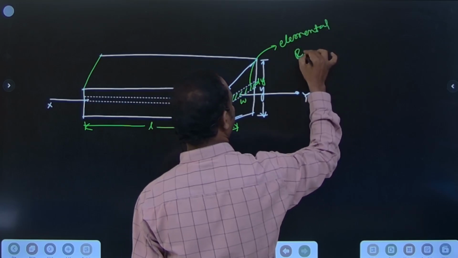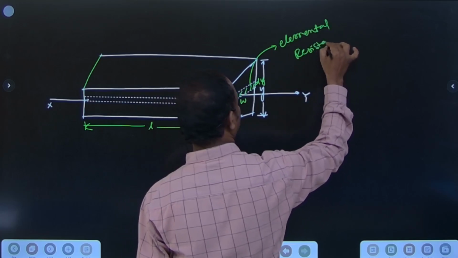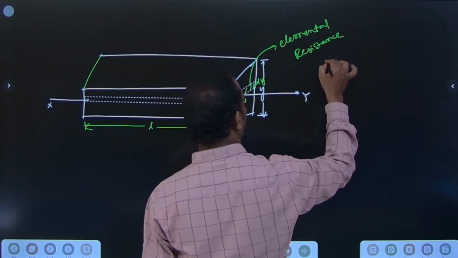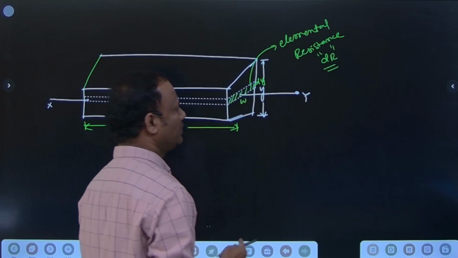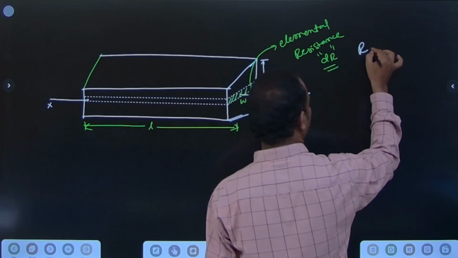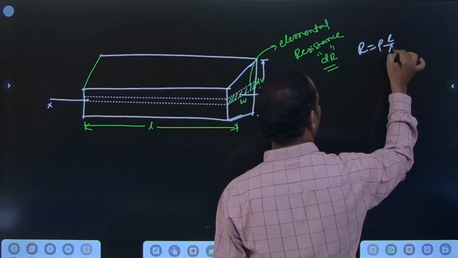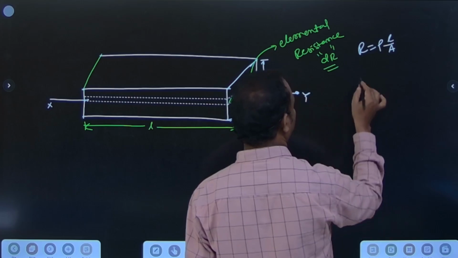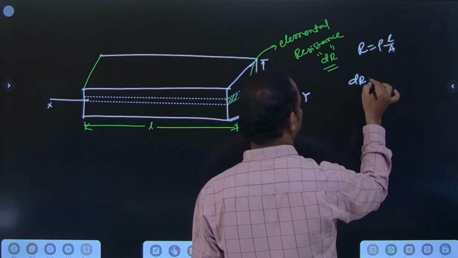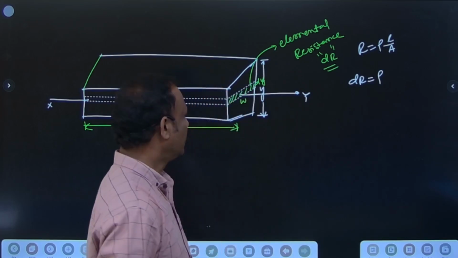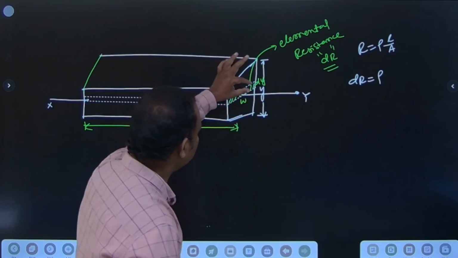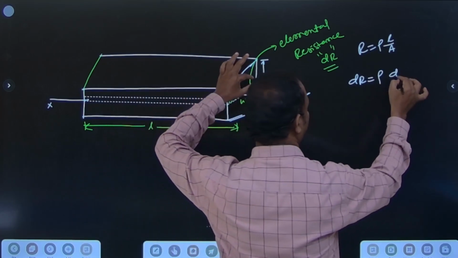Now I want to write the elemental resistance dR. You know the formula, R equals rho into L by A. dR equals rho, and rho is varying. The length here is dy.